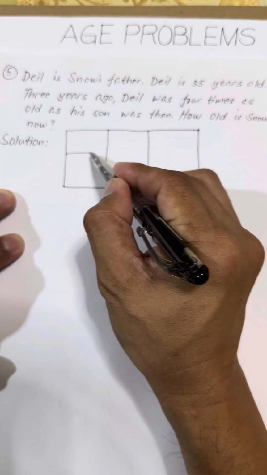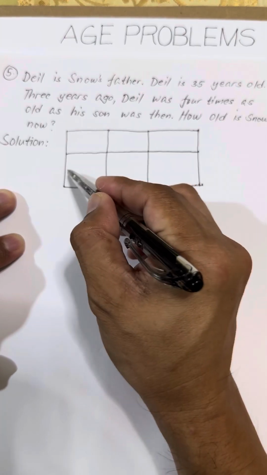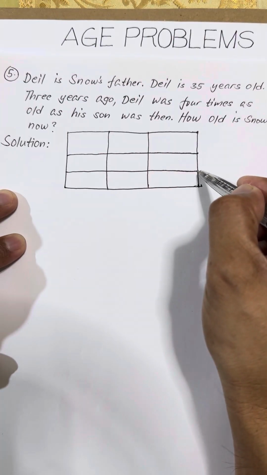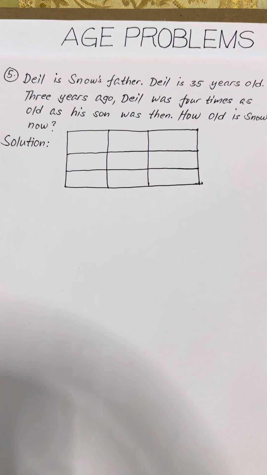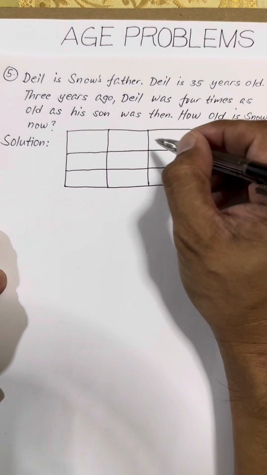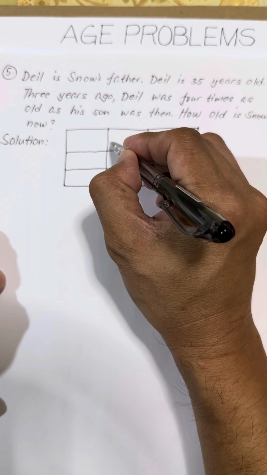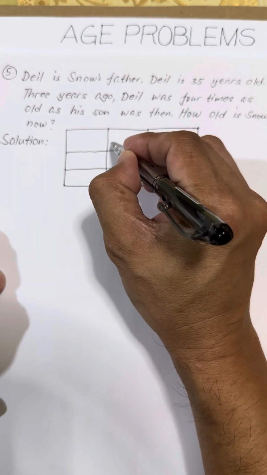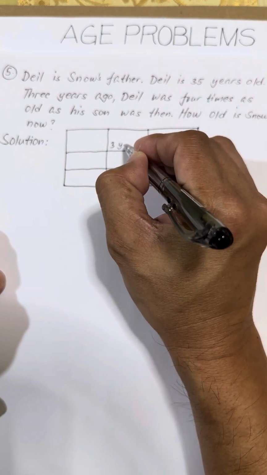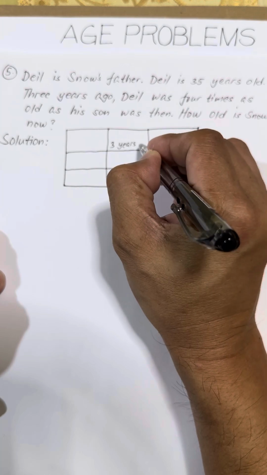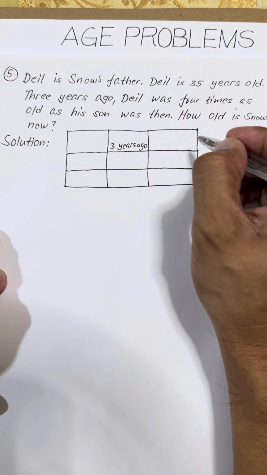Then let's divide this into 3 rows. So it says that Dale is Snow's father. Dale is 35 years old. We can write here their ages 3 years ago, or simply 3 years ago.